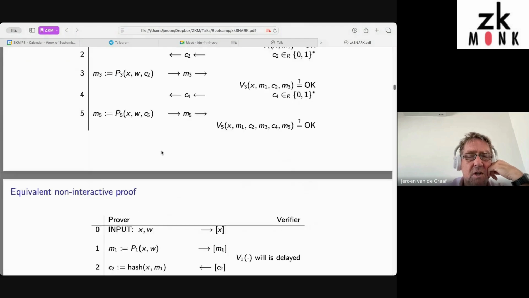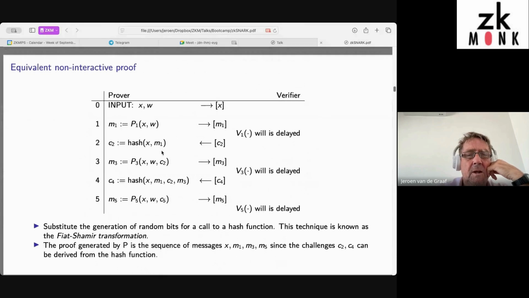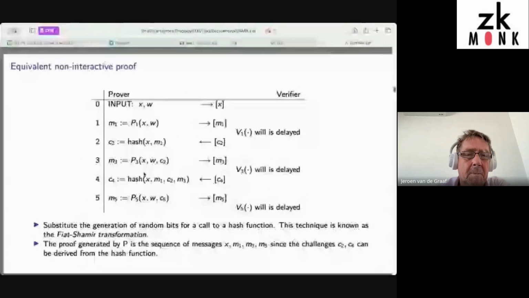So this is what we see now in the following slide. It's the same protocol, but the verifier, which I put in the middle just to show the consistency with the previous slide, is sort of non-existent.